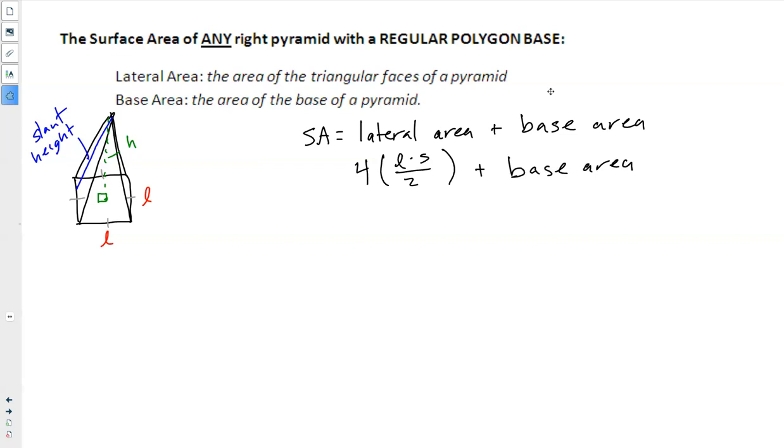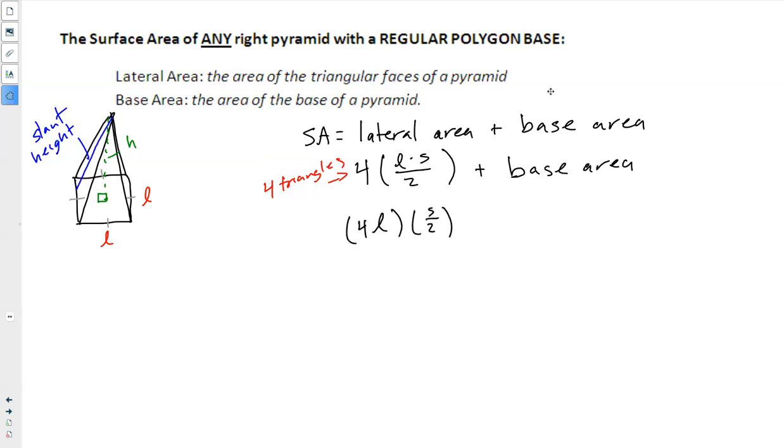And then still plus the base area. So again, this 4 here, we're multiplying 4 triangles by the formula for the area of one triangle. Now I'm just going to rearrange this. So instead of 4 multiplied by length times slant height divided by 2, I'm going to have 4 length and slant height divided by 2.